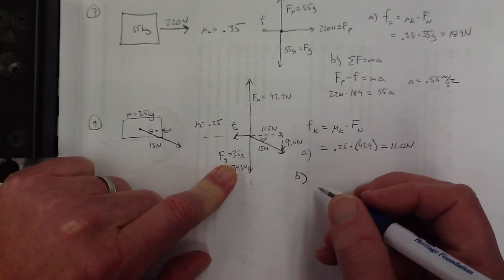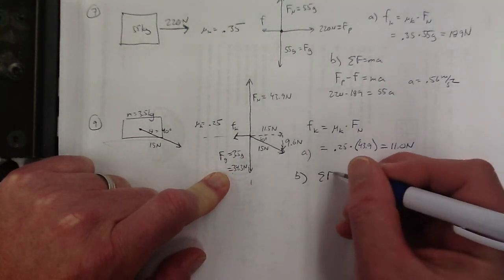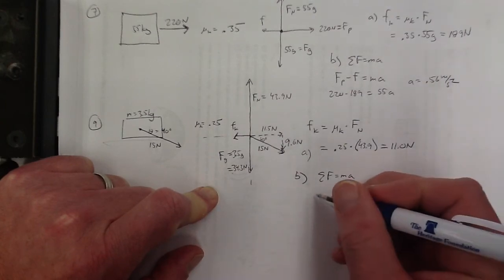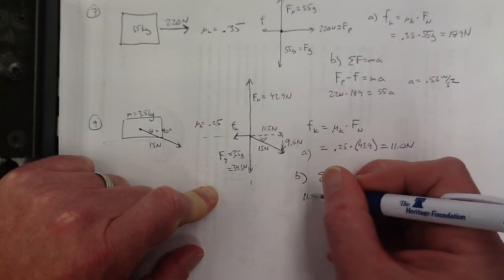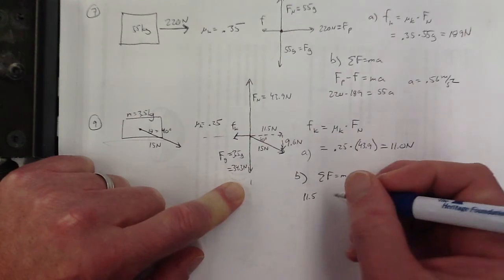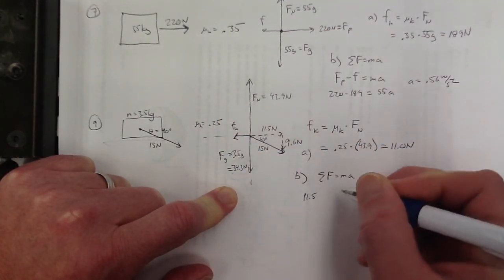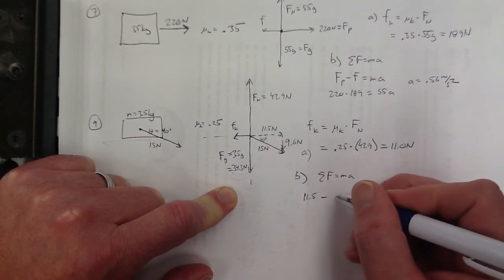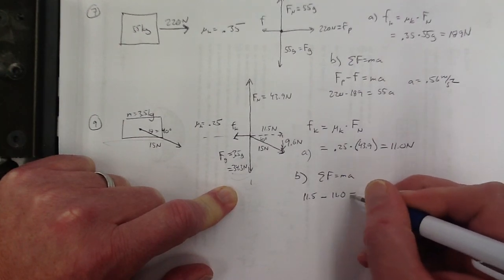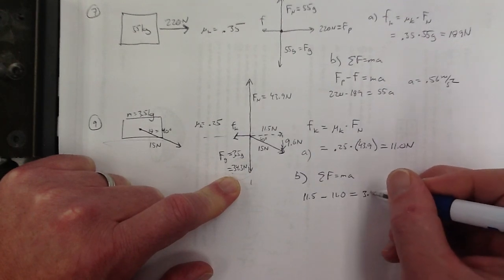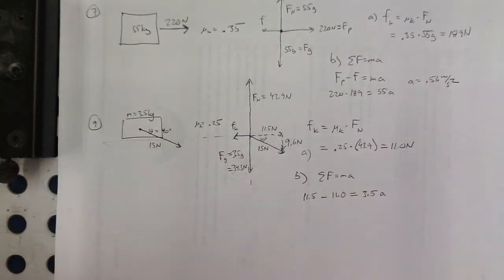And for part B, they want to know the acceleration. So sum of all forces is equal to mass times acceleration. What's going on here? Well, I've got the 11.5. Everything balances out in the up-down direction. No motion in that direction. 11.5 minus the friction force is equal to mass times acceleration.